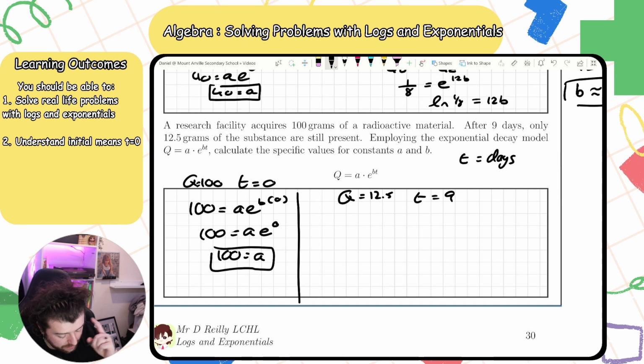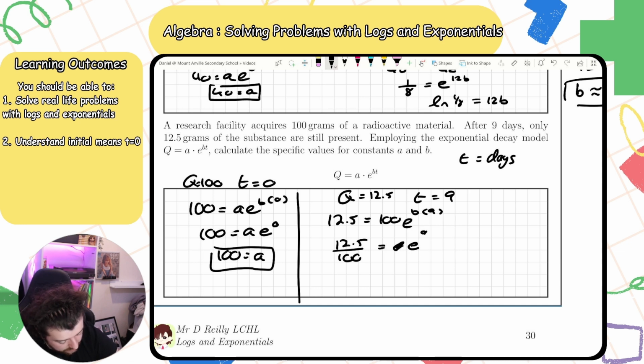So 12.5 is equal to 100 times e to the b times 9. 12.5 divided by 100 is equal to e to the power of 9b. Convert to log form, so log base e, which is ln, of 12.5 over 100 equals 9b.